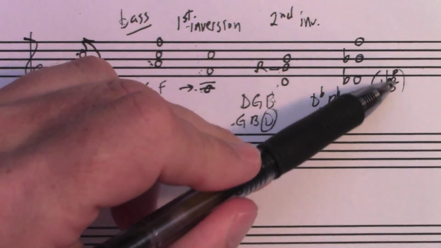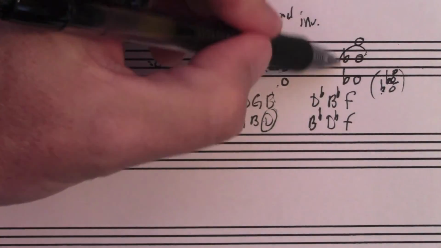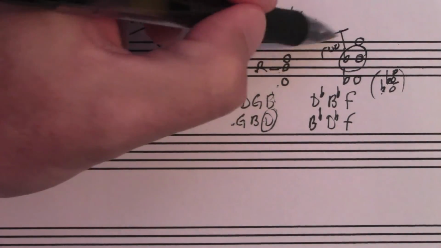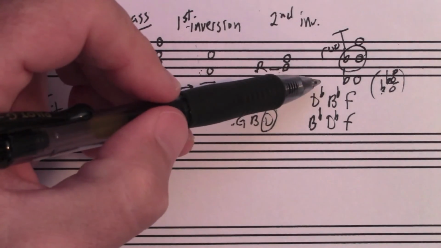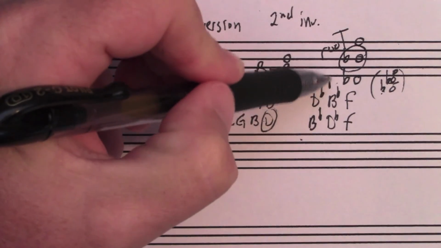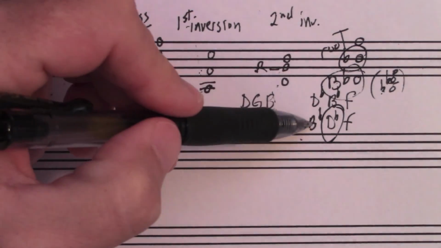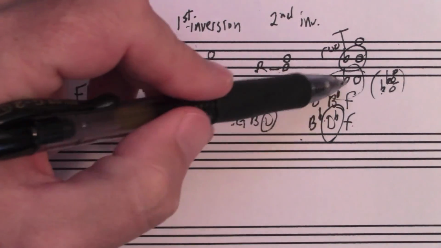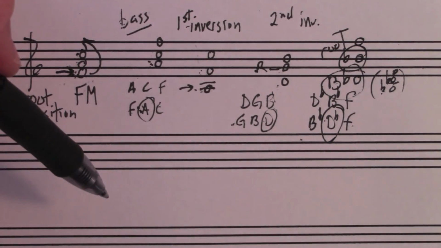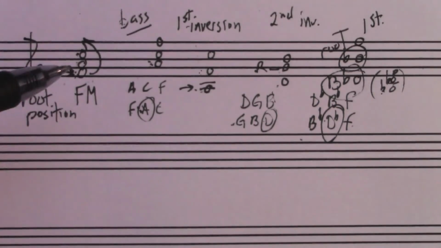B flat, that would be our root position chord. Here is our root. Which note is our bass note? The D flat is our bass note. The third of the triad is the bass note. So what inversion is this? This is first inversion.